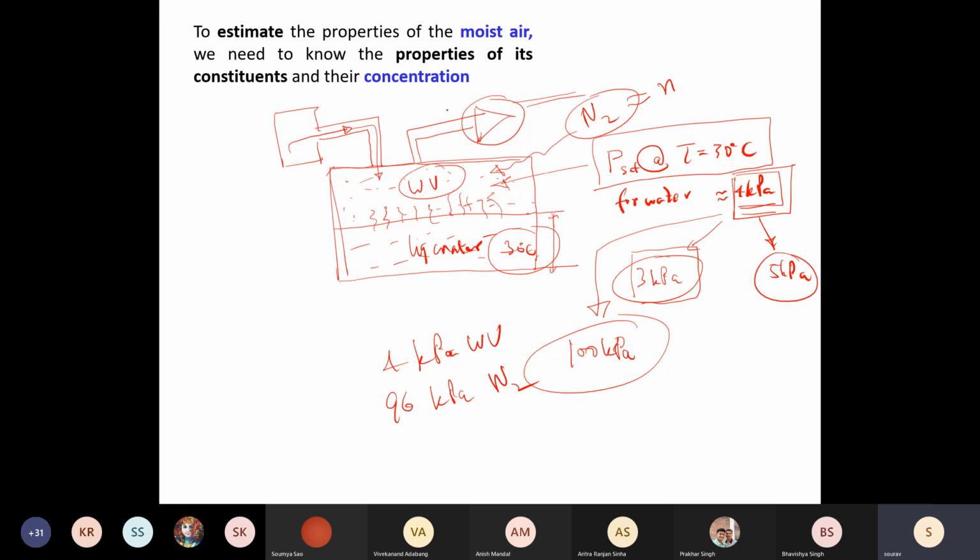Now, if I use this vacuum pump and draw out the mixture of gases, some amount of water vapor will be drawn out, and some amount of nitrogen will also be drawn out. Don't you think that you will still have evaporation, just like in the first example where the total pressure was itself 4 kPa and I reduced it to 3 kPa?